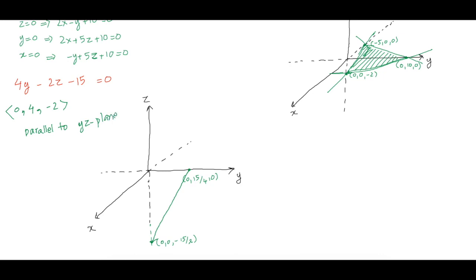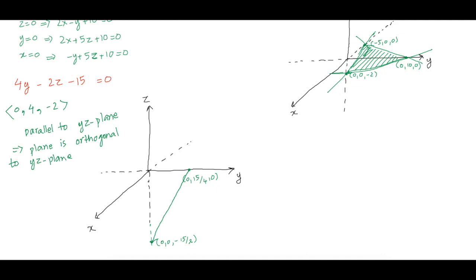So this means the plane is orthogonal to the yz plane. So the yz plane is this, and the plane should be orthogonal to that.